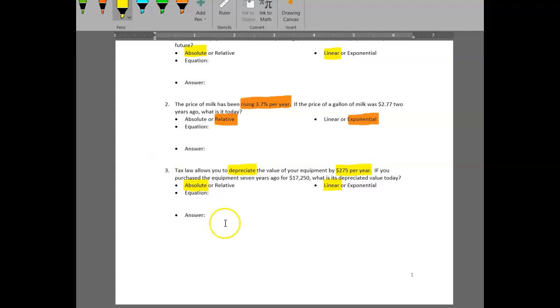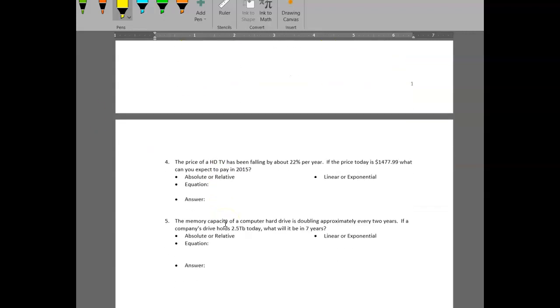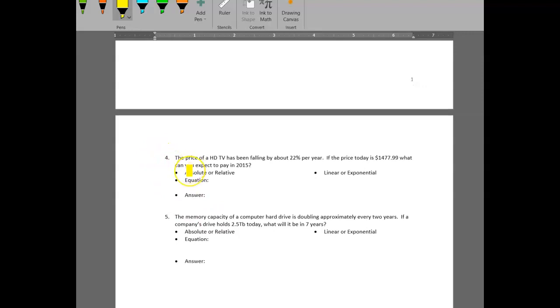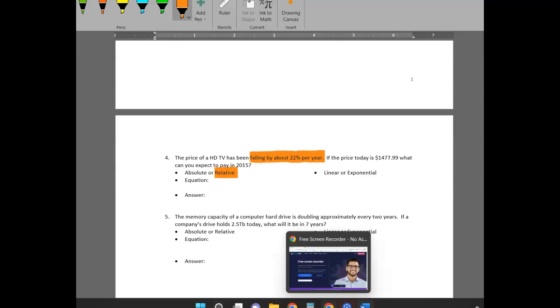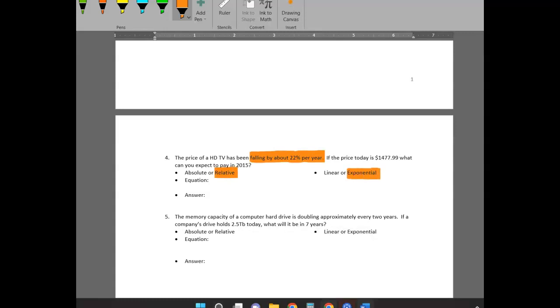If we look at number 4, the price of this HDTV is falling by about 22%. So we're falling by 22% per year. Again, that is a percentage, so that's relative, that's exponential.